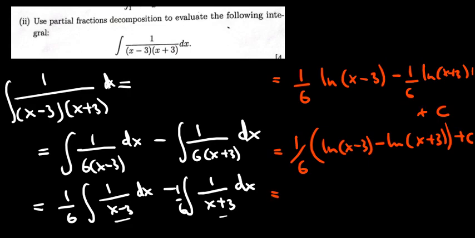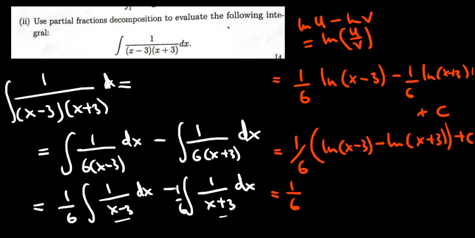This is going to be 1 over 6. By laws of logarithms, when I have a minus there, if I have ln of u minus ln of v, this is equal to ln of u divided by v.